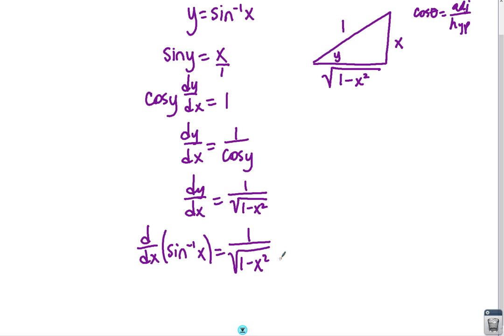If we wanted to use the chain rule here, let's say it wasn't just in terms of x, but let's say you have the derivative of sine inverse of u. You're going to do the exact same process except that you have to take the derivative of u. So this is going to be u prime over the square root of 1 minus u squared. Okay? So that is the derivative of arc sine.